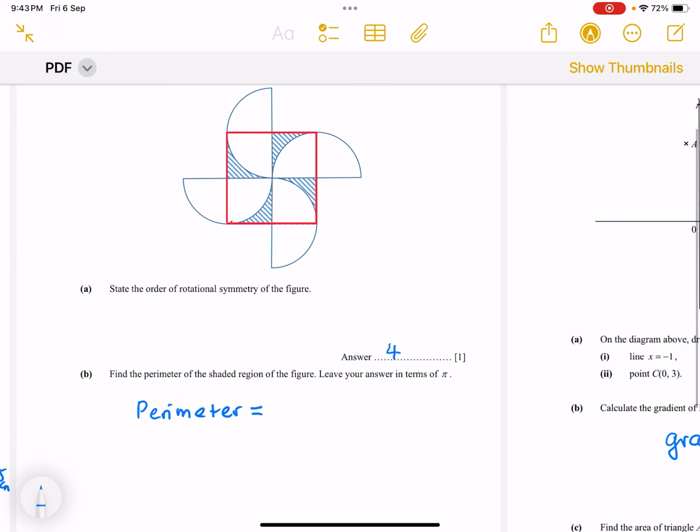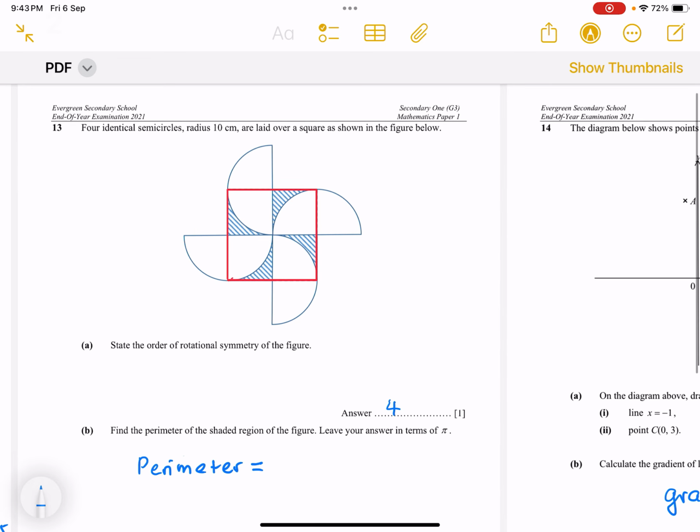Right, now we have to find the perimeter. To find the perimeter, well, we first know that the radius is 10. So this is 10, and we want to find the perimeter.